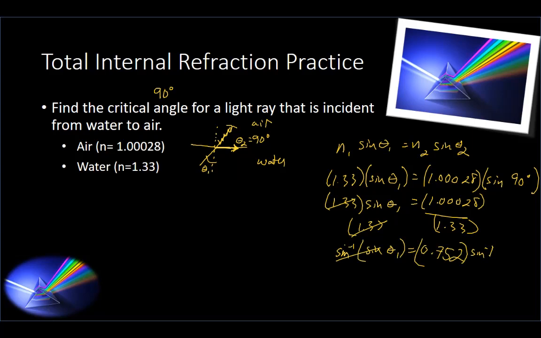So then we end up with theta 1 is equal to 48.8 degrees. And let's double check our work. Last night, what did I get? 48.8 degrees. And so there you have it. So that's how you do your critical angle when you're talking about total internal reflection. Okay. All right.